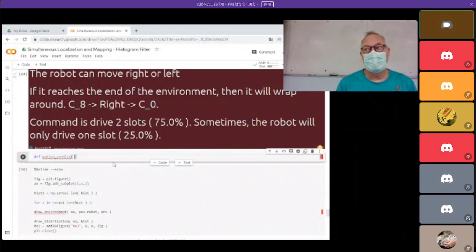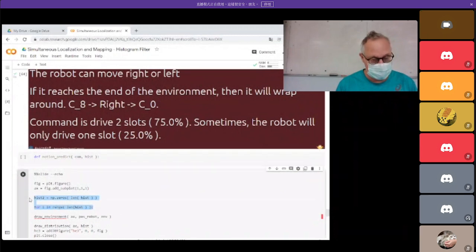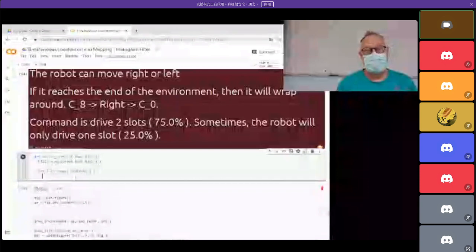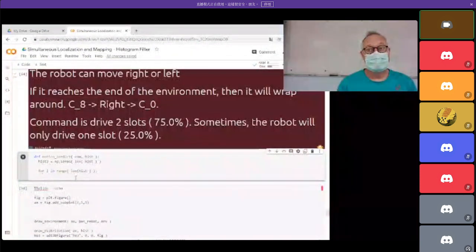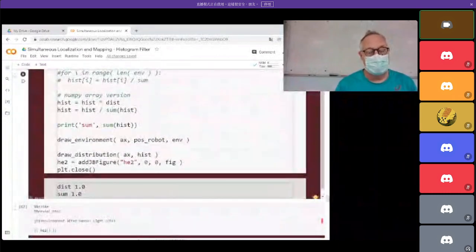Predict is when we move, update is when we get sensor data. So I have a command, and I want to take that code. All the robot knows is it starts from C0, and if it started from C0, then what would that picture here look like?